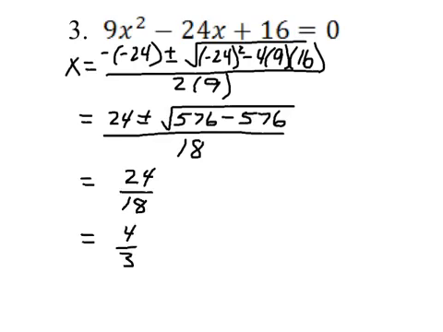Going back to our discriminant talk, you notice that the discriminant here ends up being 0. What that does is take the plus or minus part out of it, meaning you only get one result.